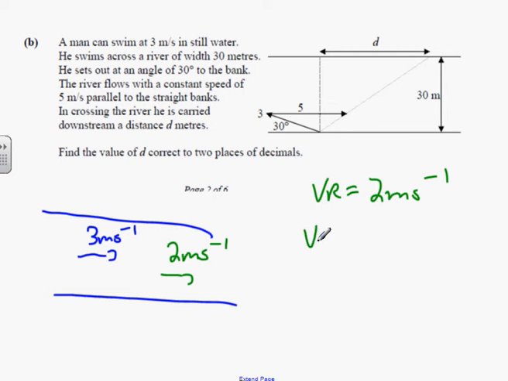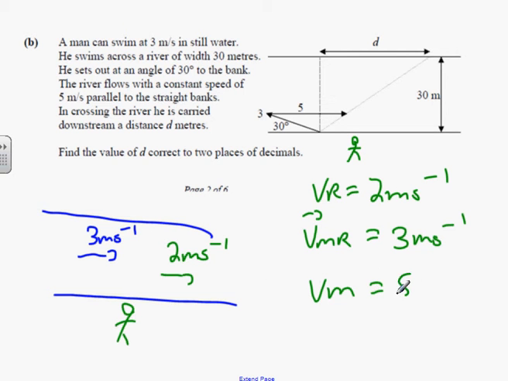Velocity of the man in the river is 3 meters per second. However, the velocity of the man to somebody who's looking on the bank is the two of them added together. So you're actually able to go 5 meters per second with the assistance of the river. So please be aware of the language.